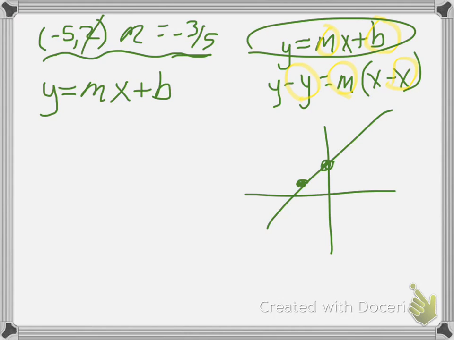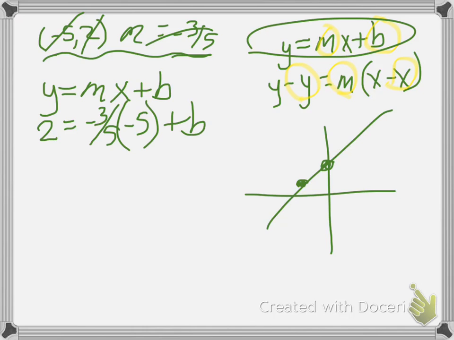Instead of a y, I'm going to put a 2. Instead of a slope, or an m, I'm going to put -3/5. Instead of an x, I'm going to put -5. That will leave me with one variable to solve, which is b, which is what I want. So -3/5 times -5 is +3.